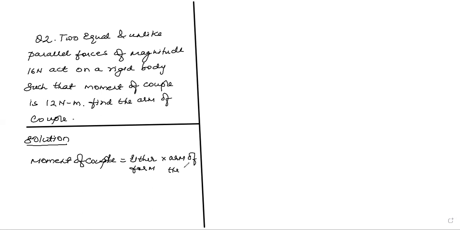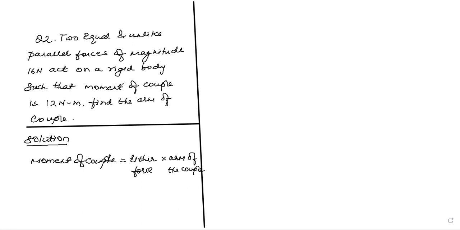Arm of the couple is nothing but the distance between the two forces of the couple. So remember this, children. Please try to get this formula: moment of couple is equal to magnitude of either force into arm of the couple.